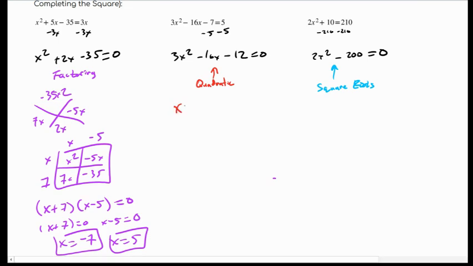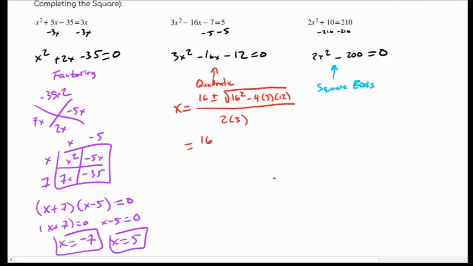Second one here, I'm going to use the quadratic formula. x equals negative b plus or minus the square root of b squared, oh, this is going to get ugly, minus 4 times a times c. I'm going to have to probably simplify this because I should have factored the a value out first. All over 2a.